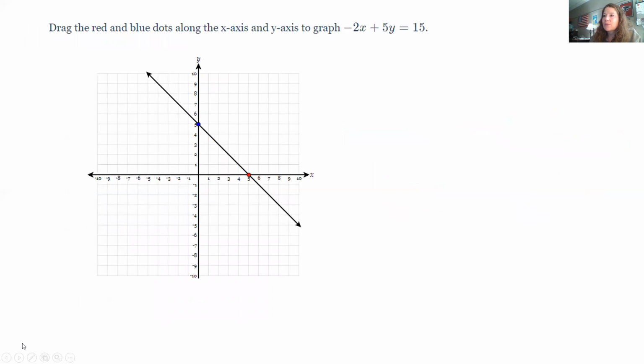All right, now on this one, this is a little confusing because it already has dots in places, but they're not right. At least one of them isn't right for sure. So you have to click and drag them to be where your X and Y intercepts are. Remember when we do our X intercept, we make Y equal 0.